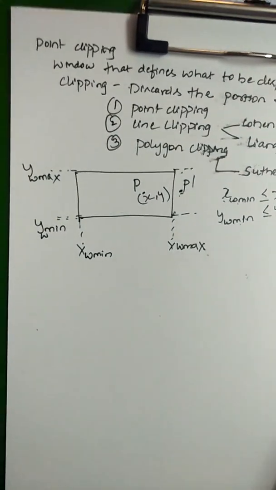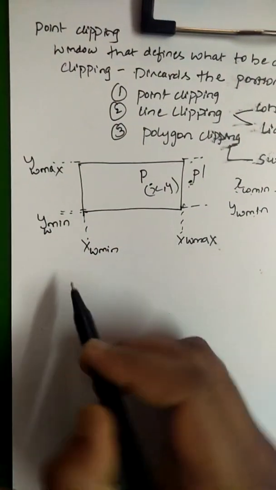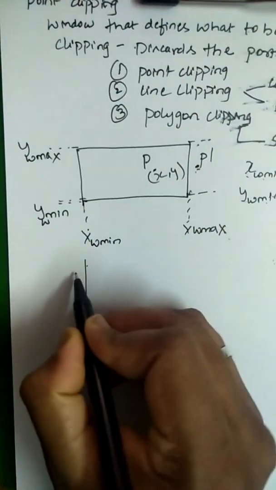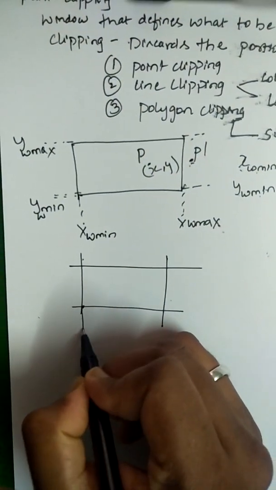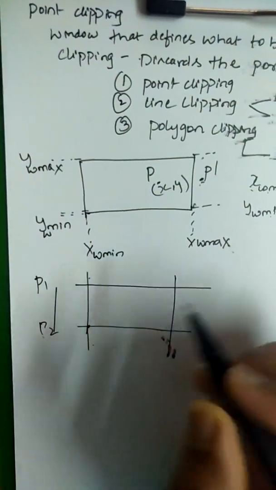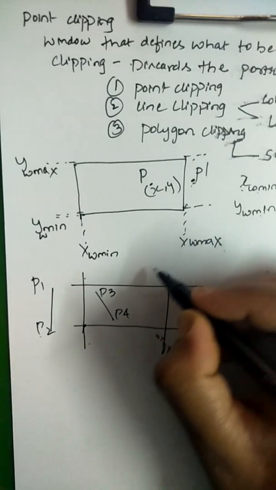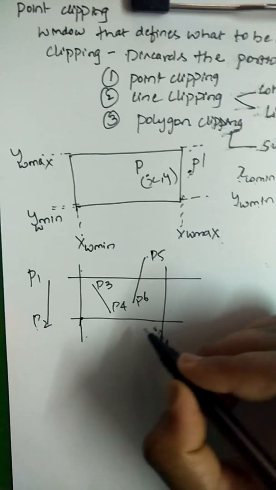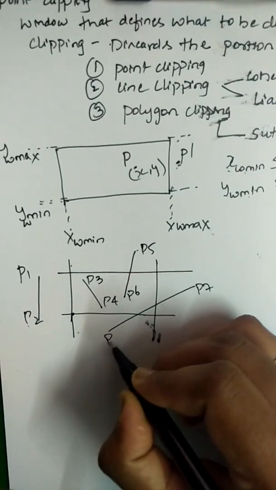Before we start with any clipping, we have to define a window with its boundaries as we have seen here. So I'll draw one more window just for the understanding point of view. Let's assume I have lines here, P1, P2, P3, P4, a line that is cutting this boundary, P5, P6, something which is passing like this, P7 and P8.